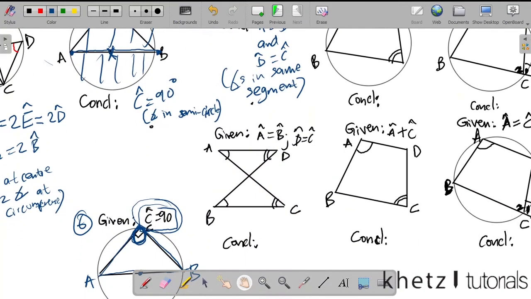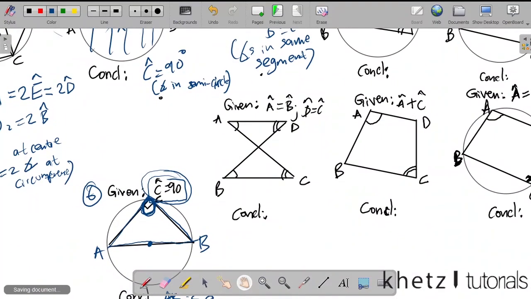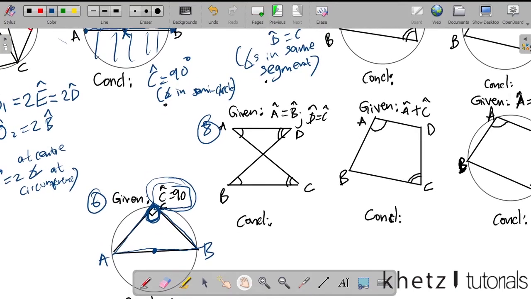And we're now going to move on to number 8, which occurs right below number 7, and it has basically a similar diagram, but now you notice that there isn't any circle. We're given that A is equal to B and D is equal to C, which is the conclusion that we previously made. And therefore, the conclusion that we can make is the inverse, or it is actually the given statement of the previous one.